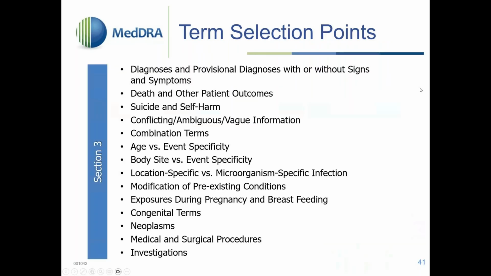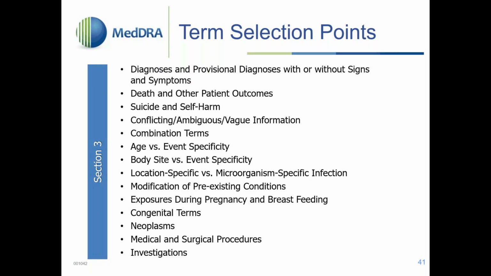So the ICH endorsed guidelines has really a wide selection of topics that you can look through. As you can see in the example on this page, and even the next slide has even more, you can see the different types of scenarios that the ICH endorsed guidelines can walk you through.